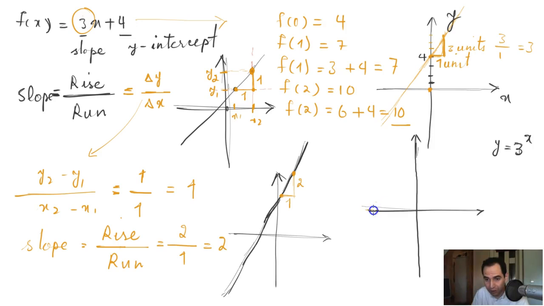So it's very close to the x-axis when x is equal to 0, and then all of a sudden around 1 or 2, the function shoots up like this. I guess around 1 it's 3, so it comes over here and something like this. So this is basically the graph of this function.